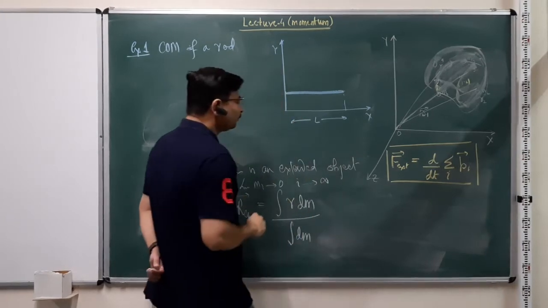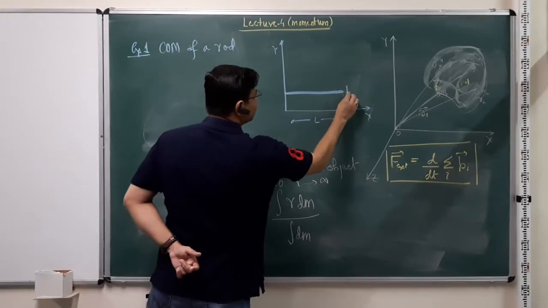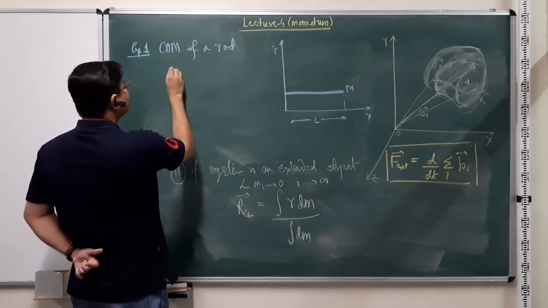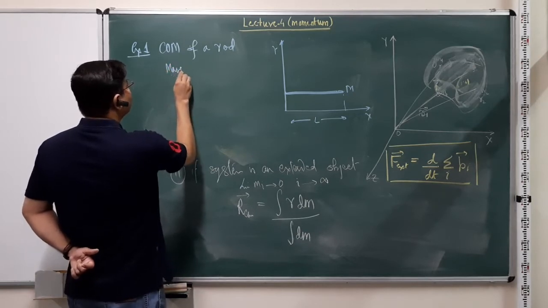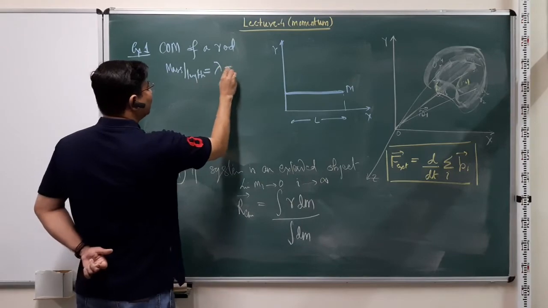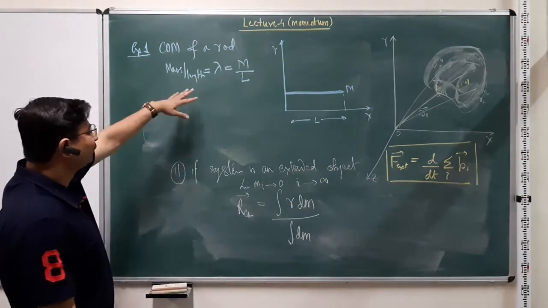Let's say this is L, a rod of length L, and total mass is, let's say, M. So first I'll write down the mass per unit length of this rod, lambda, which is basically M over L.